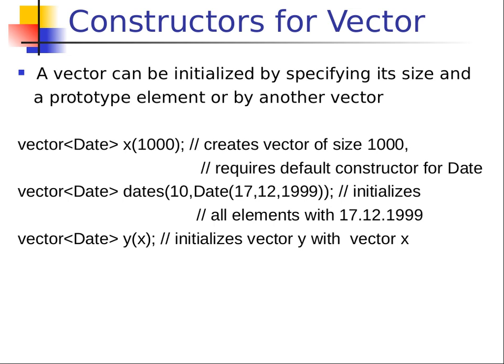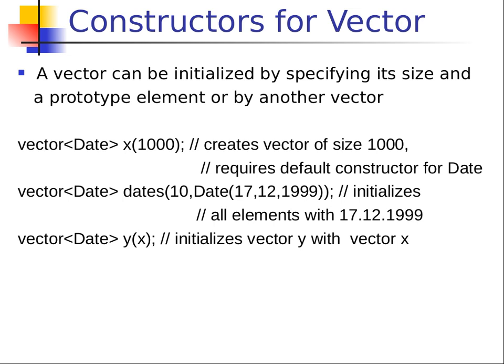So the first one creates a vector of 1,000, which uses the default date constructor for each of the 1,000 elements. Notice that we're doing it on a class called date. I'm just assuming we created that class somewhere else. The second one creates 10 of them, but initializes all elements, passing in a certain constructor of 17, 12, and 1999.